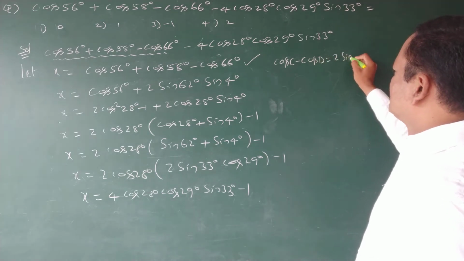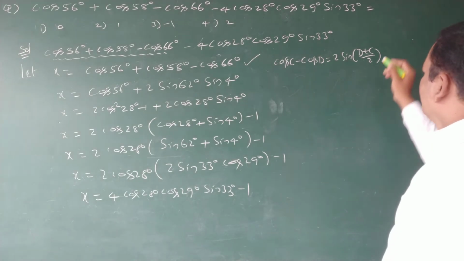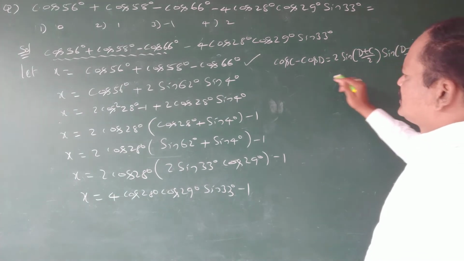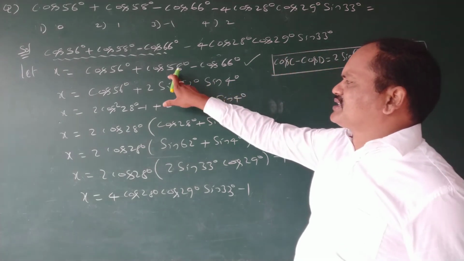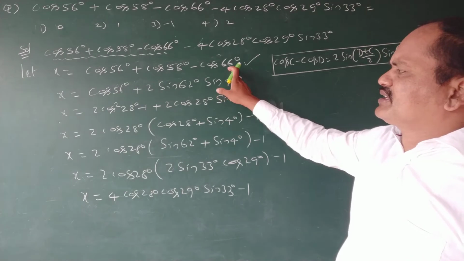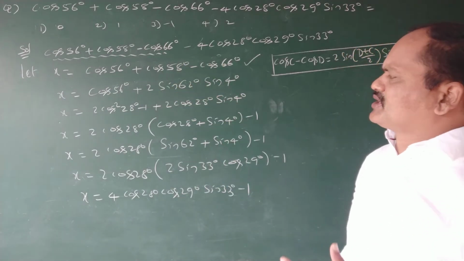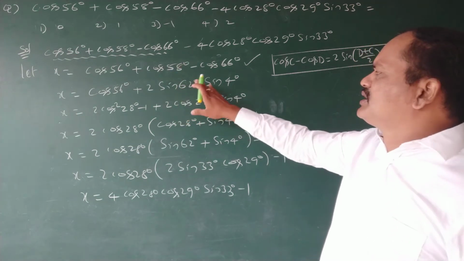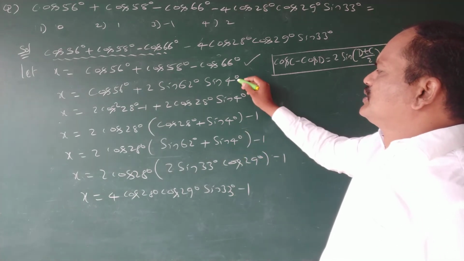That is 2 sin((D plus C)/2) sin((D minus C)/2). According to this formula, here it is C and D. So 2 sin of (66 plus 58)/2, 124 by 2, 62 degrees, and (66 minus 58)/2, that is 8 by 2, 4 degrees.